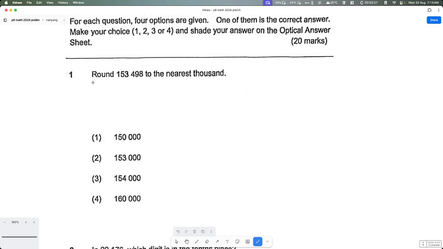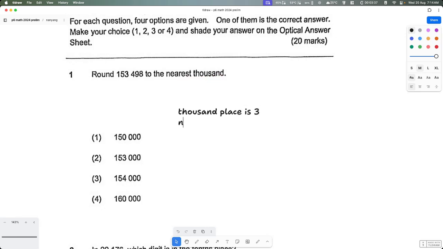It says here, round 153,498 to the nearest 1000. So the 1000 place is 3. The number after 3 is 4. Right? So 4 is not 5 or more, so we don't round up.